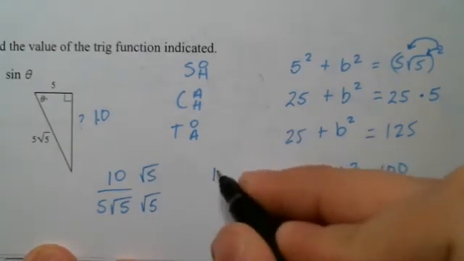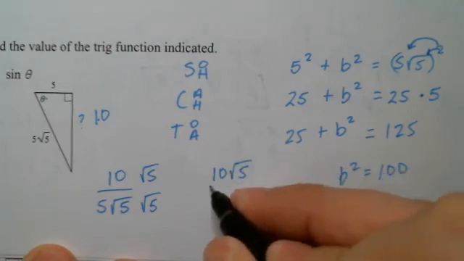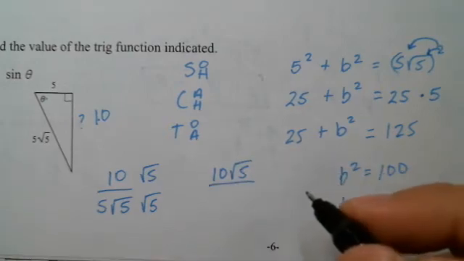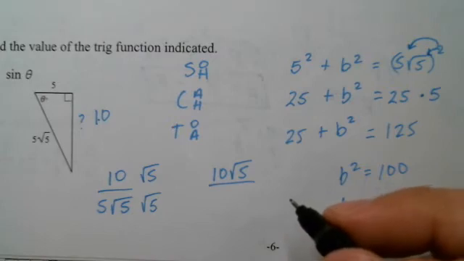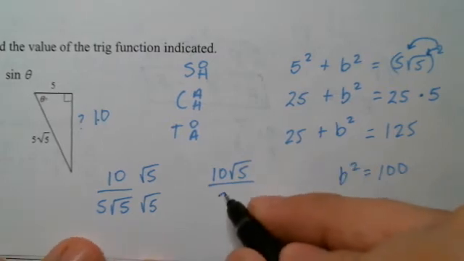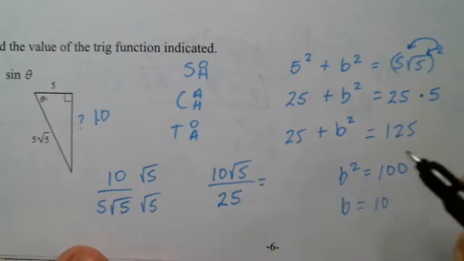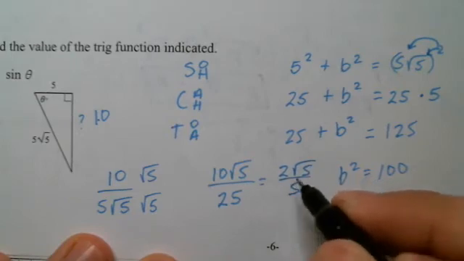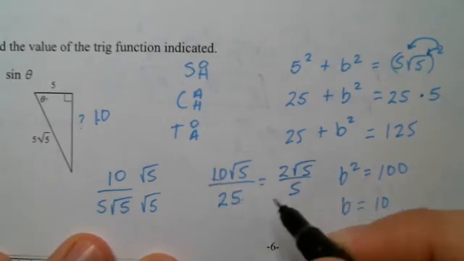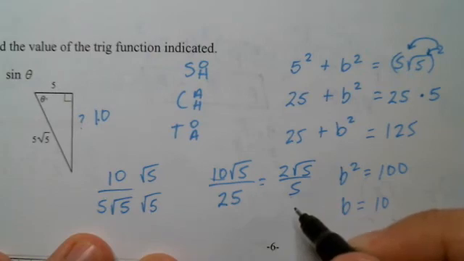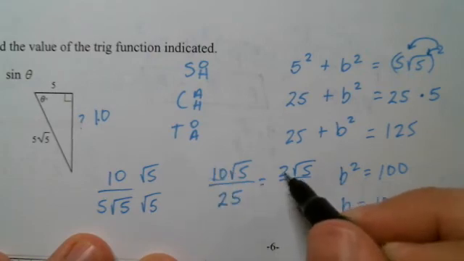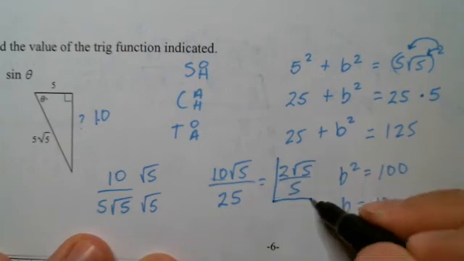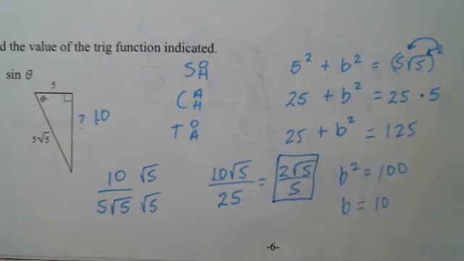So that's 10 radical 5 over 25. So my final answer is 2 radical 5 over 5, because 5 will go into 10 and 25, 2 times and 5 times. Can I get a confirmation of that answer? 2 radical 5 over 5. Yes, sir.